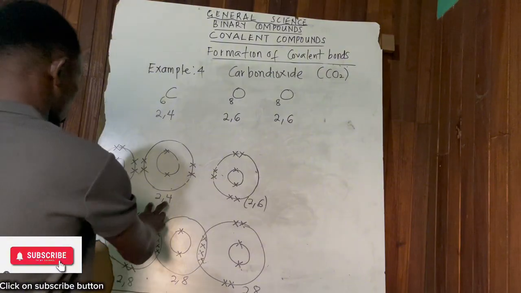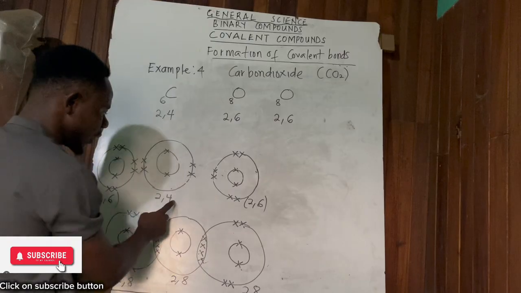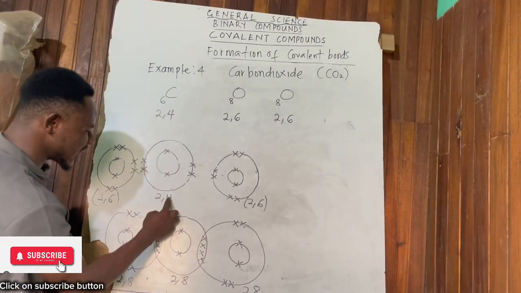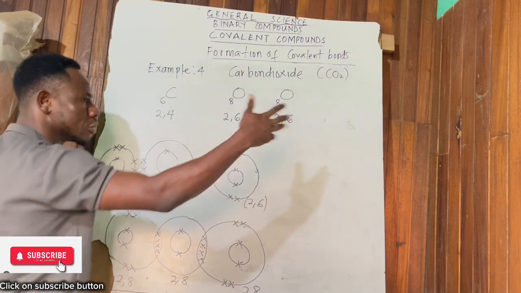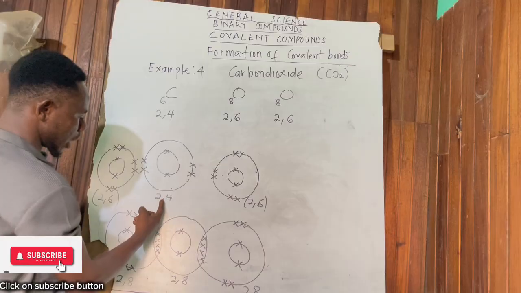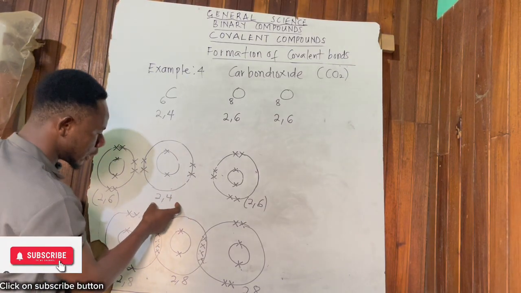Because this carbon needs 4 more to be stable. Are you getting it? If it needs 4 more to be stable, it means we are going to get 2, 8, which is here. So therefore, it needs to be stable. That's the same 4 it is going to share. That's why we are getting 2, 8. It needs 4 more to be stable. That is why we did it.